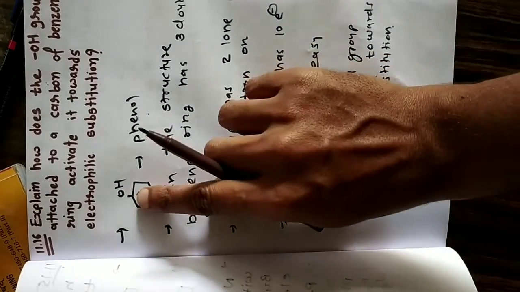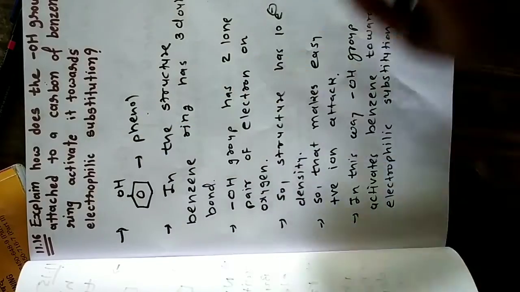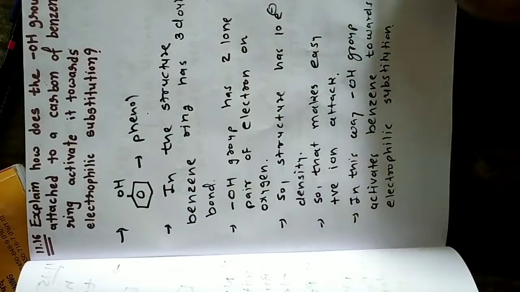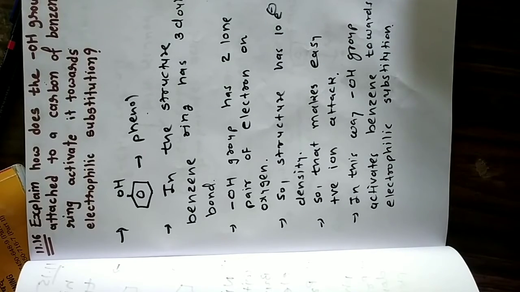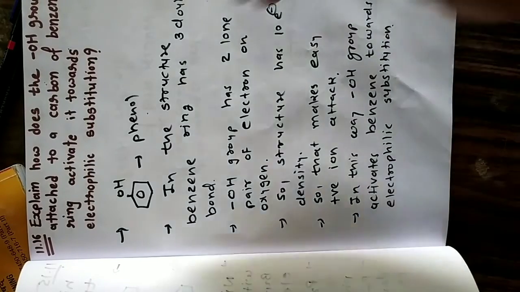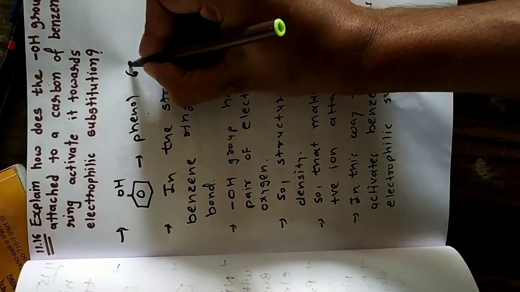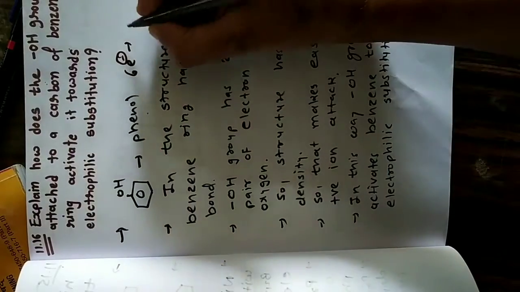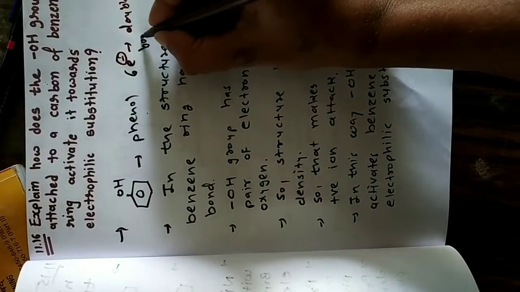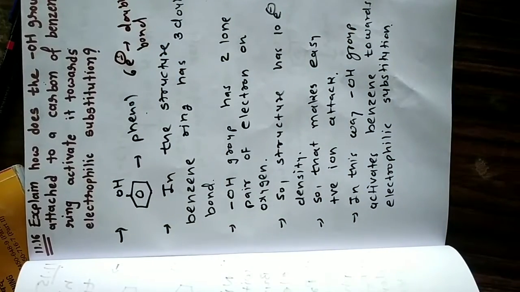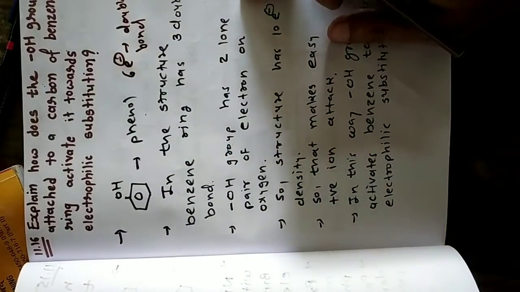Now we know this is the structure of phenol. In this structure total 3 double bonds are there in benzene ring. So 6 electrons are there from double bond. Now in addition to that we have oxygen here.